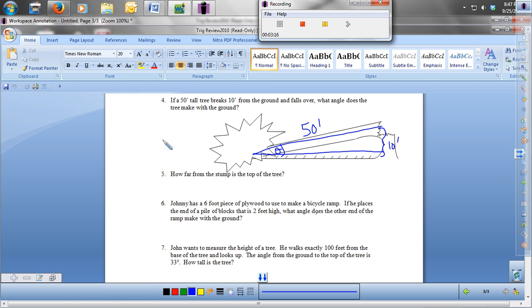So the sine of theta is equal to 10 feet over 50 feet. And notice I'm putting labels because I want those feet to cancel out. So I know that the sine of theta, when I divide 10 by 50, is 0.2. So I use second function sine and I type in 0.2. And when I did that, I got the angle to be 11.54 degrees.